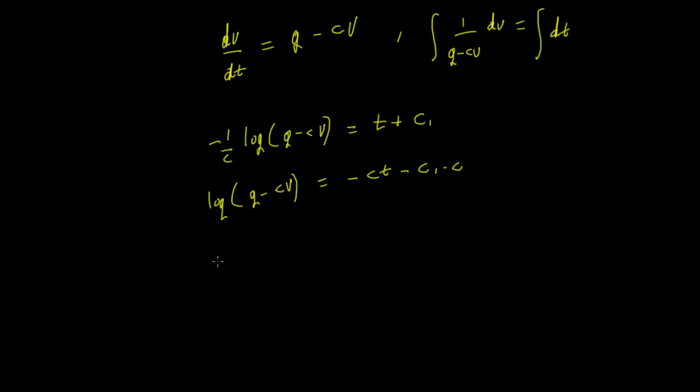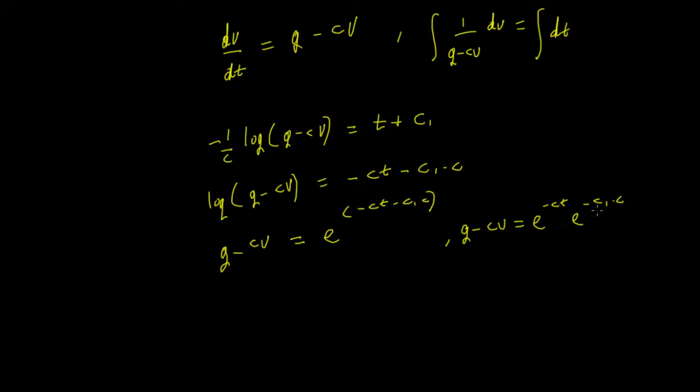Now if we take the exponential of both sides, we're just left with g minus cv equals e raised to the power of minus ct minus c1c. So that can then be written as g minus cv equals e to the minus ct times e to the minus c1 times c.